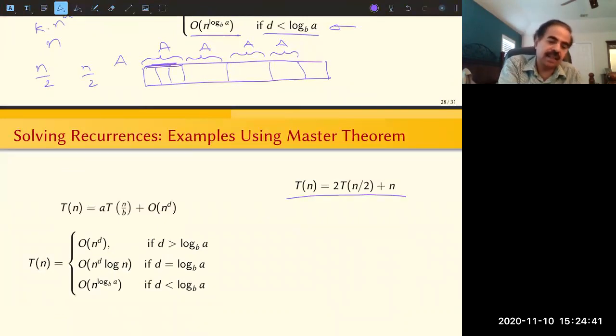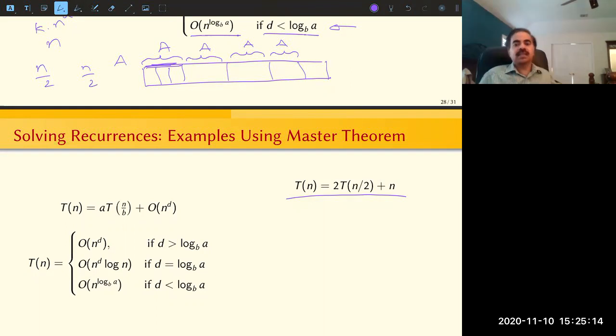Let's say you have a recurrence of the form T of n equals 2 times T of n by 2 plus n. This kind of recurrence occurs very often in many sorting algorithms. You may have heard of algorithms for sorting lists of numbers, like quick sort and merge sort and so on.